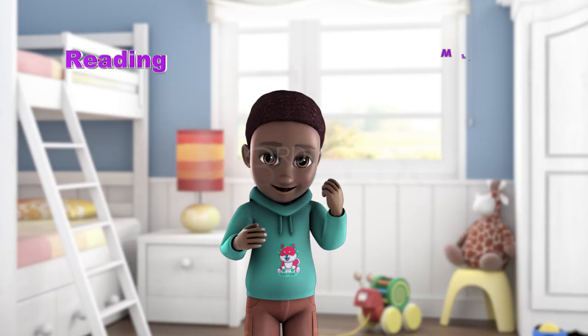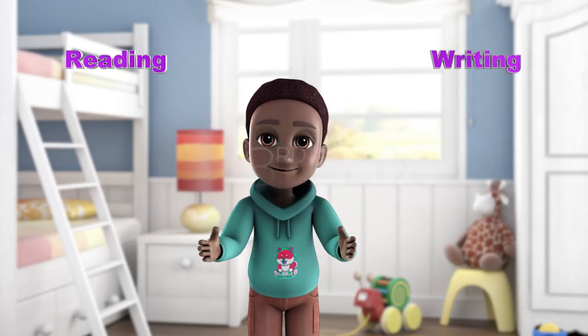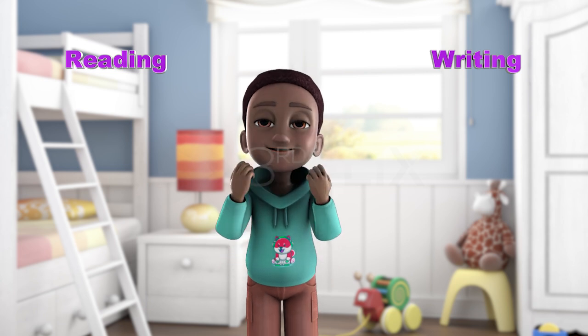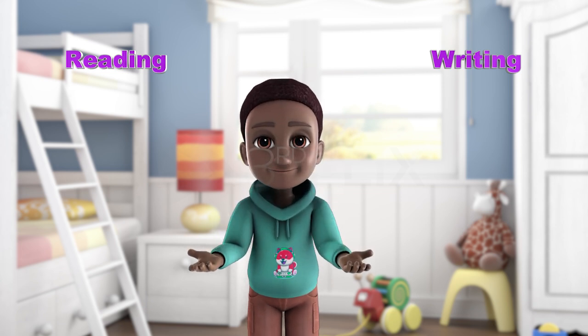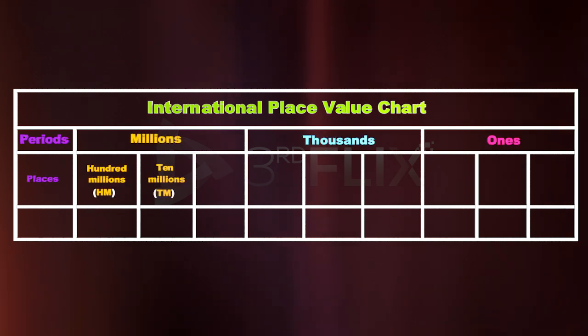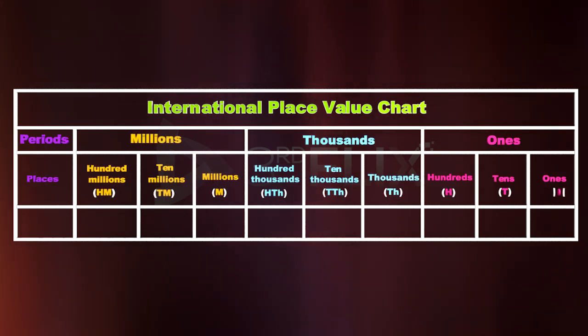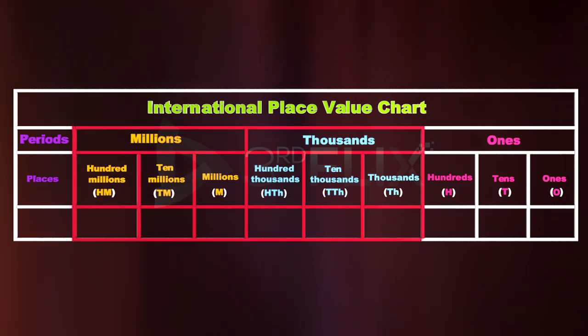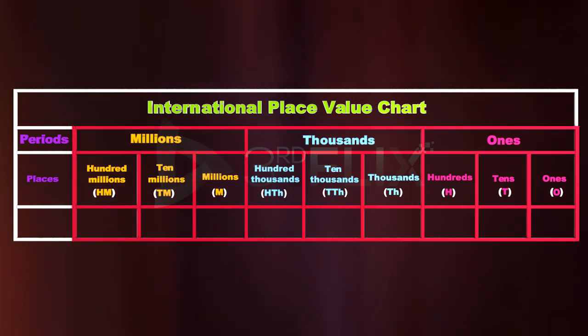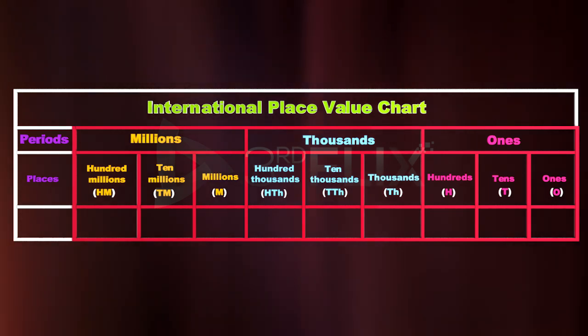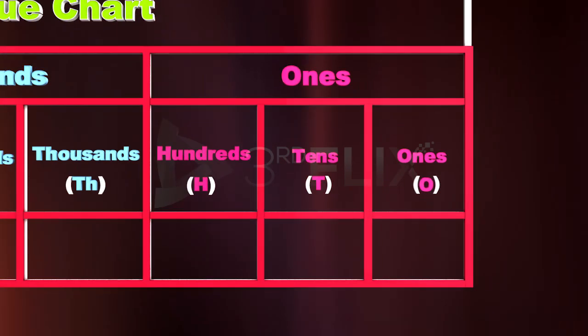Reading and writing large numbers in International Place Value System. In the International Place Value Chart, the digits of the number are grouped in periods of 3 digits each. First 3 digits from the extreme right form ones period.